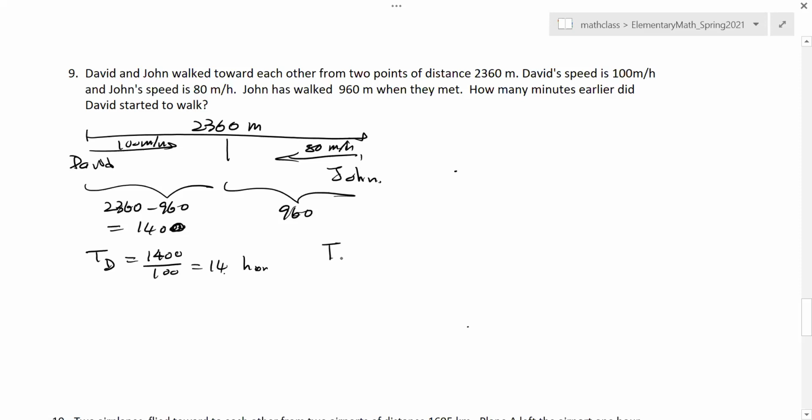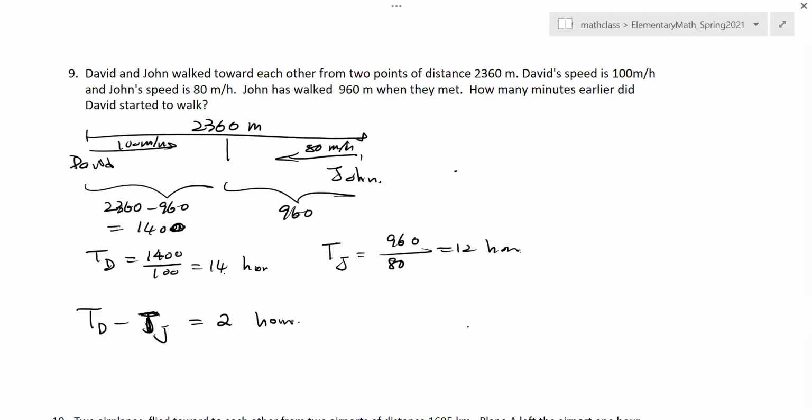And for John, it takes the distance divided by 80, so it's 12 hours. So the difference is 2 hours, which means David left 120 minutes earlier.